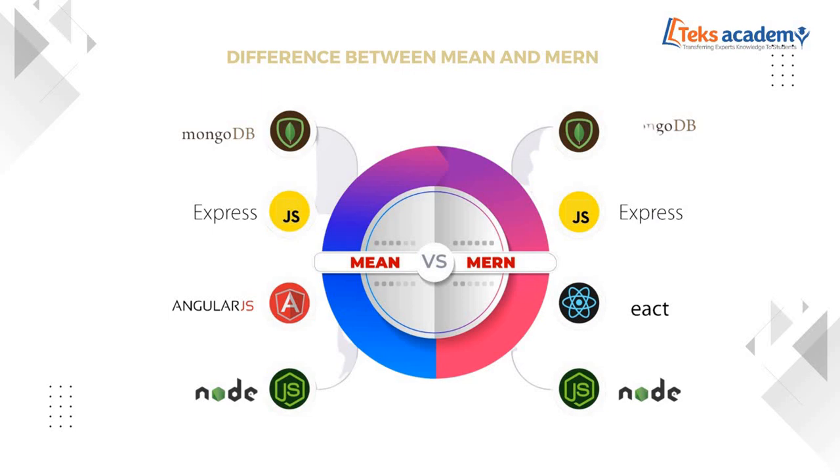In MERN we are using React.js. So if we use AngularJS, we can build the application, and also by using React we can build our own application. But we are going with MERN in this full stack development course.